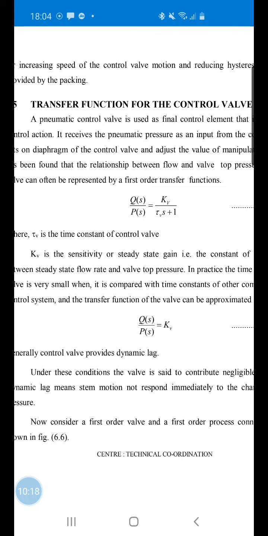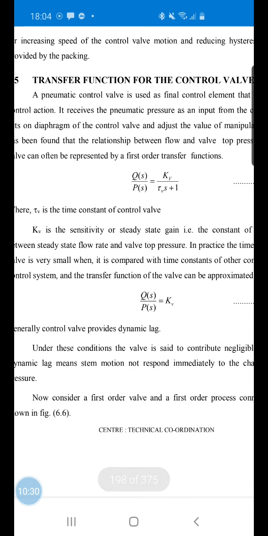So flow is the output from the pneumatic control valve and the input is nothing but the pressure. Kv is the sensitivity or steady state gain. It is nothing but the constant between the steady state flow rate and the output pressure. Tau v is the time constant for the pneumatic control valve.